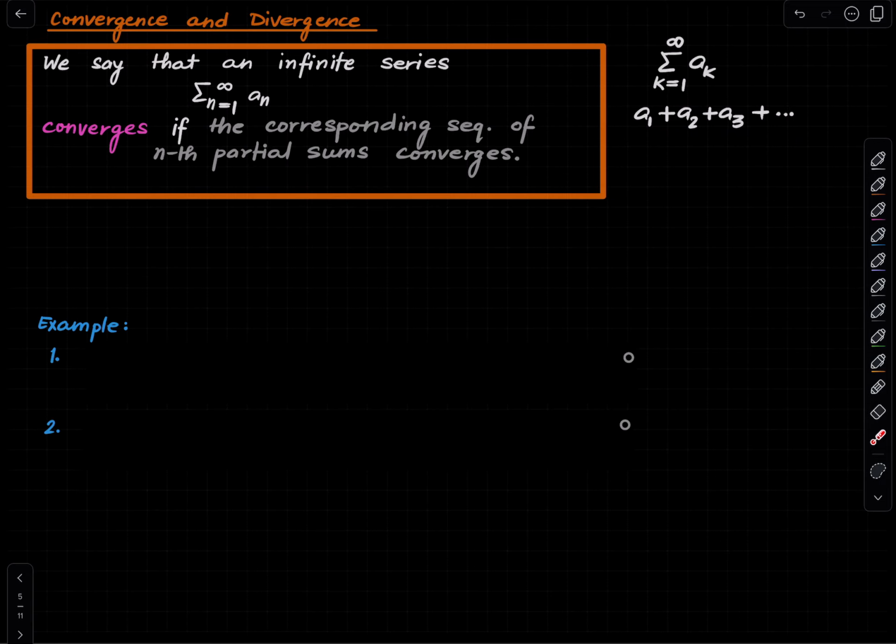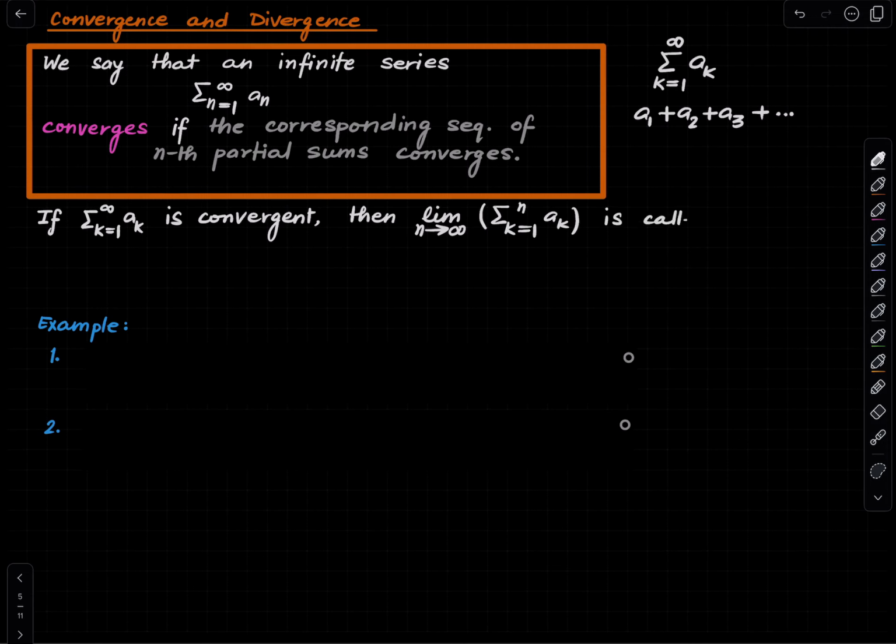Okay. So in this case, let me write it here. If this converges, then the limit of the nth partial sums, and the nth partial sum is this thing, is called the sum of the series.